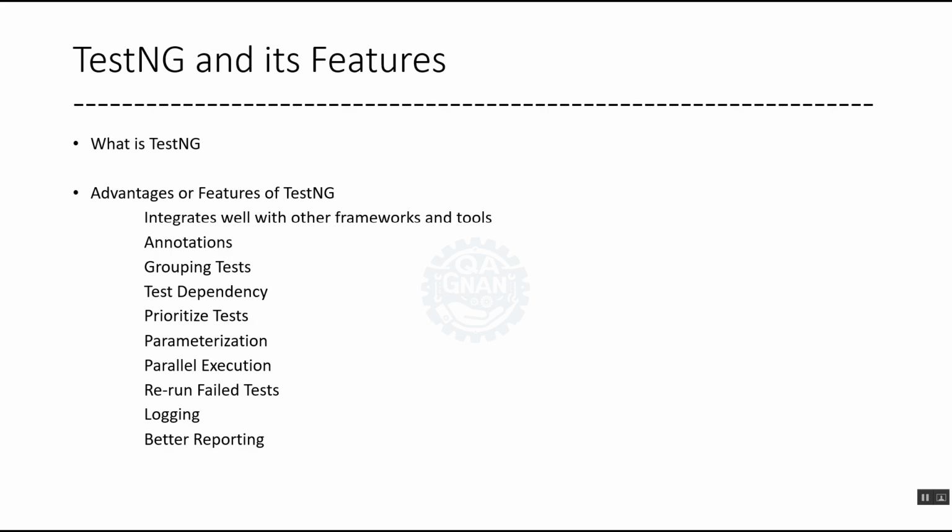And parameterization. TestNG supports data driven testing, and for that we use a special annotation called @DataProvider. This allows the same test method to be run with multiple sets of input data, making it ideal for scenarios where the same test needs to be repeated with different parameters.